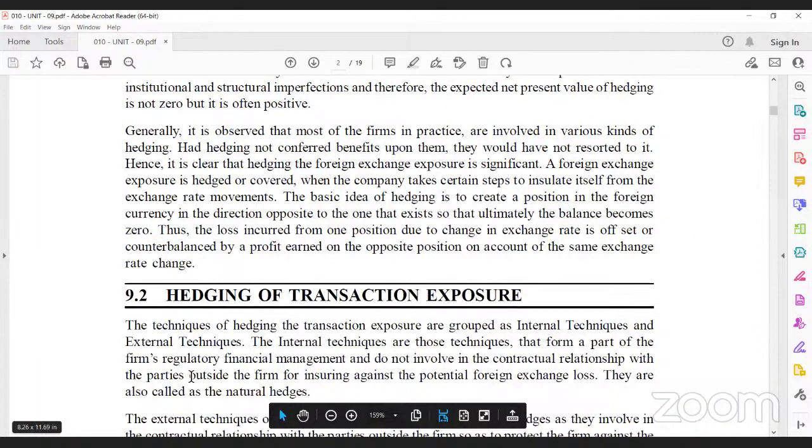we can understand and get clarity that hedging of foreign exchange exposure is important. The basic idea is to create a position in the foreign currency which is opposite to the one which is existing, so that it balances to become zero.